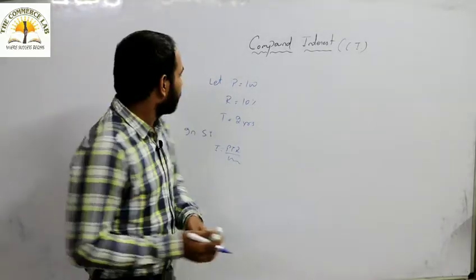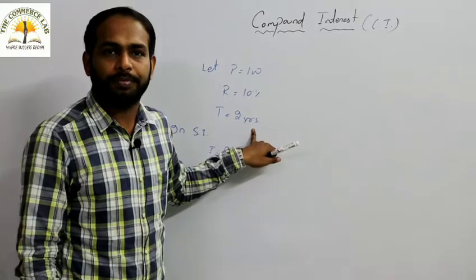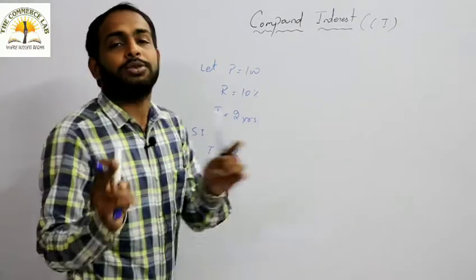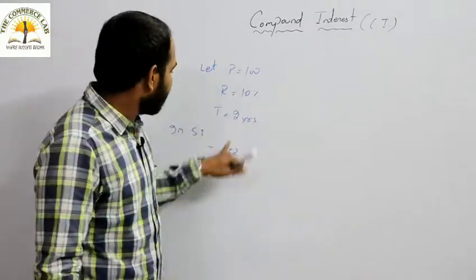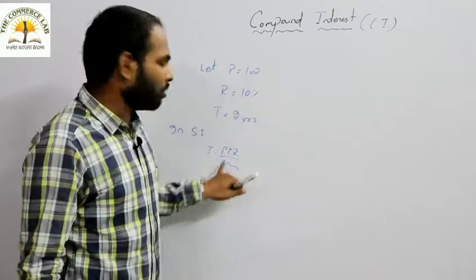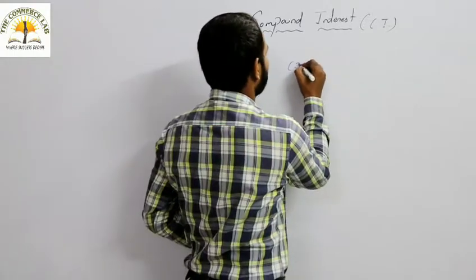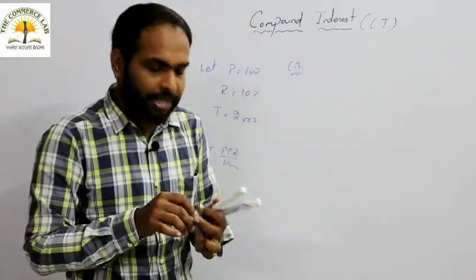In SI, principal remains the same throughout the period, but in CI, what happens?